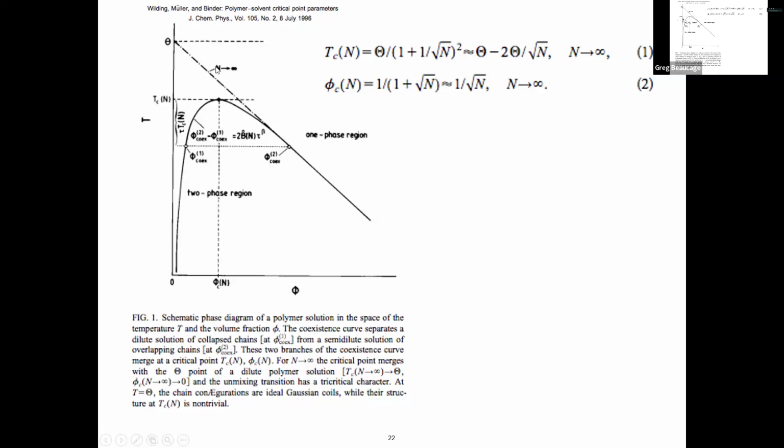When you have an infinite molecular weight, it doesn't mix at all, so there's no composition that would be miscible. In fact, the theta temperature is the temperature of an infinite molecular weight chain. Anything you put into solution is going to have a finite molecular weight, so it's going to have a phase separation point different from the theta temperature by this gap. So that's how it is. The lower the molecular weight, the more this shifts over to the right, and these curves follow that line.